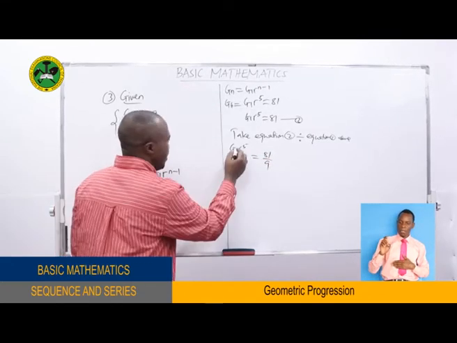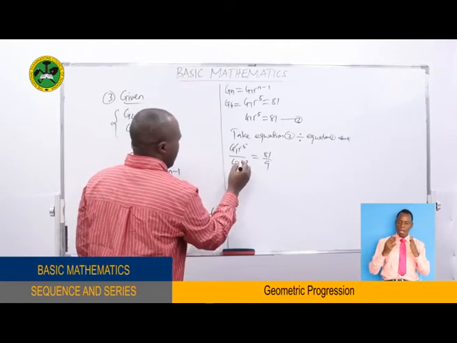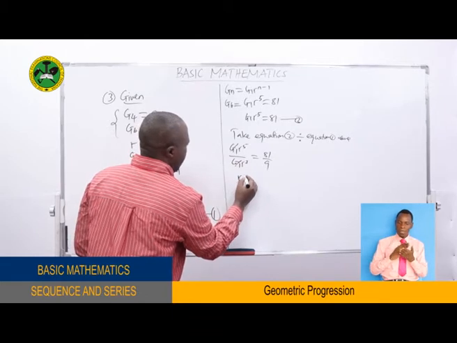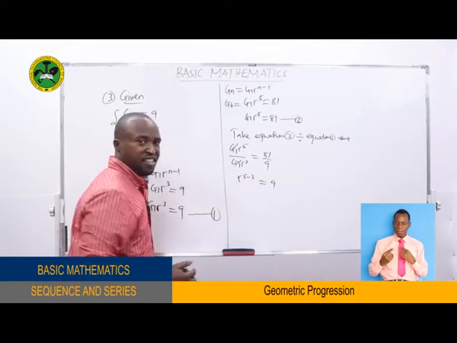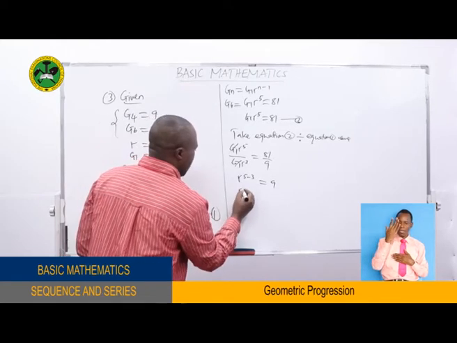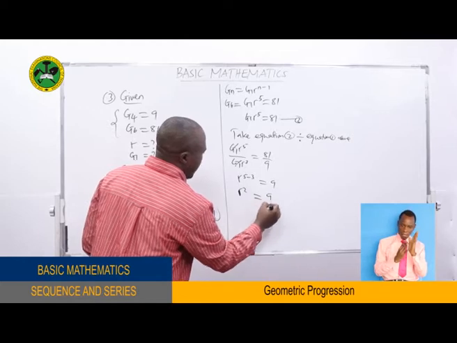So in this case, we have R power 5 minus 3 is equal to 9. So we remain with R squared. This is equal to 9.